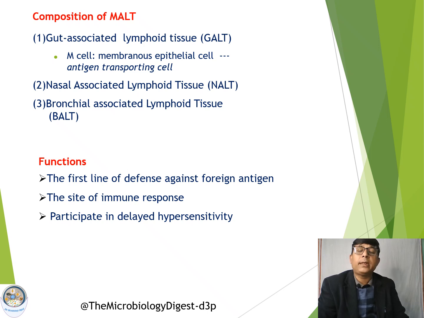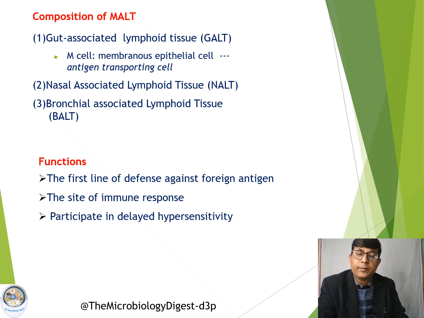Three different types of MALT, or mucosa-associated lymphoid tissues, have been recognized. One is gut-associated lymphoid tissue, called GALT. Then NALT, nasal-associated lymphoid tissue, and bronchial-associated lymphoid tissue, BALT. Now, what are the functions?